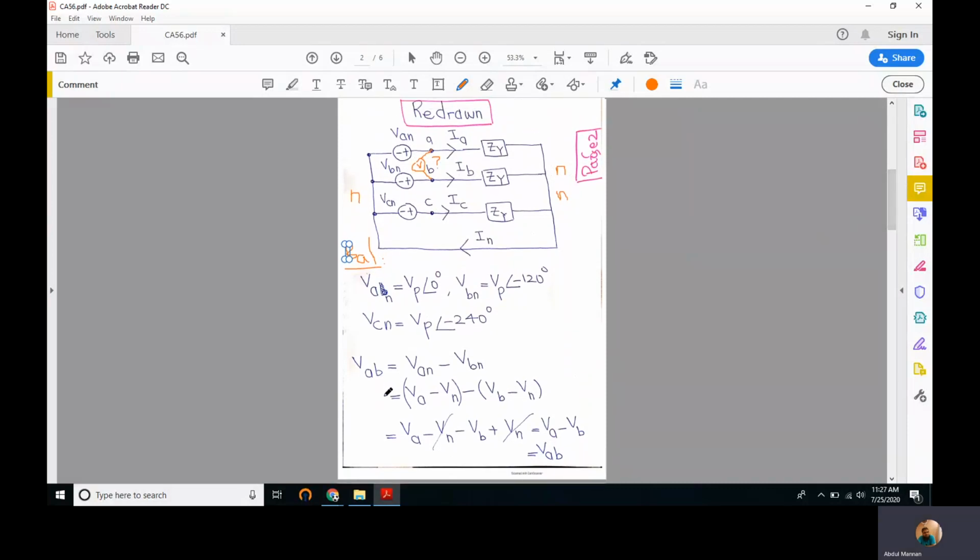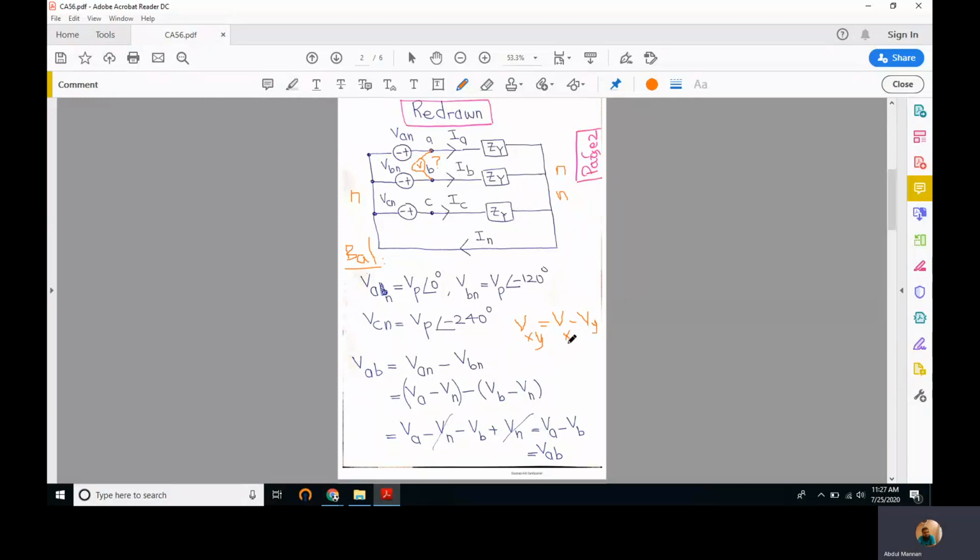Okay, I claim VAB to be equal to VAN minus VBN. We already know from elementary classes that any voltage Vxy can be written as Vx minus Vy for any general values of x and y.